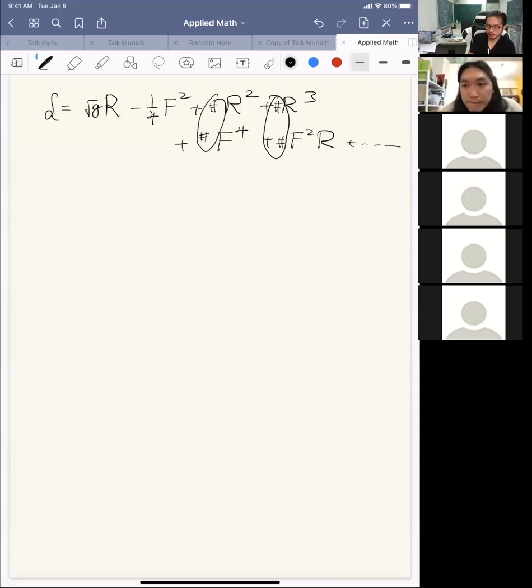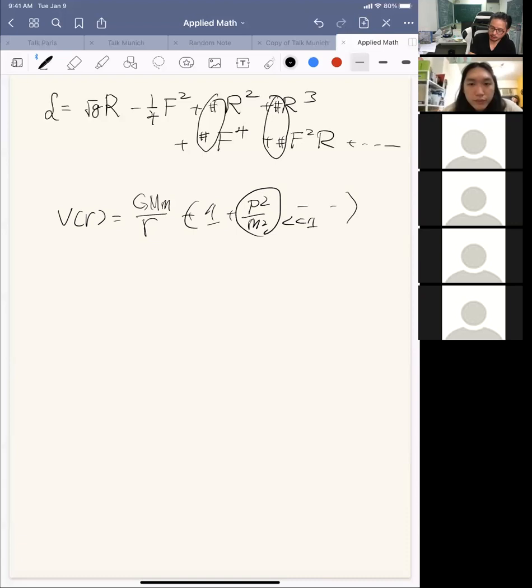So remember that we start with V over R, and we know that Newtonian mechanics tells us this is G big M small m, but then we know that this can be corrected by 1 plus a bunch of p squared over m squared, where in a non-relativistic limit, this thing is extremely smaller than 1, so we cannot measure it.